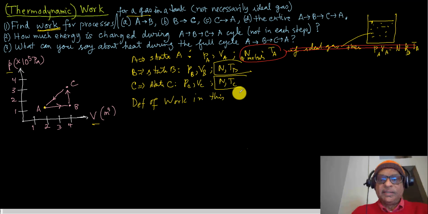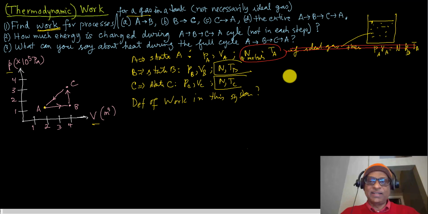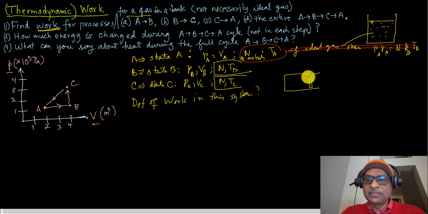Definition of work in this system. Well, this is a gas, right? So if you have a gas and you have a piston here, and you maintain some volume V and some pressure P on it in equilibrium.